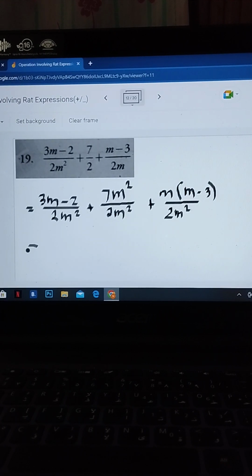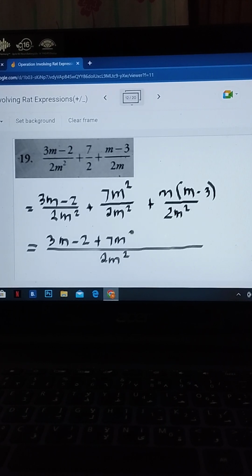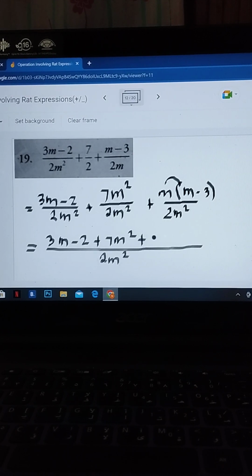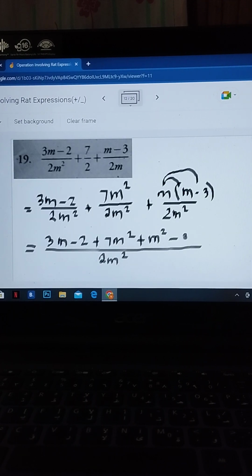Okay, so this is now equal to, copy the same denominator, 2m squared. 3m minus 2 plus 7m squared, then plus m squared. So m times m is m squared. We apply distributive property here. Then m times negative 3 is negative 3m.